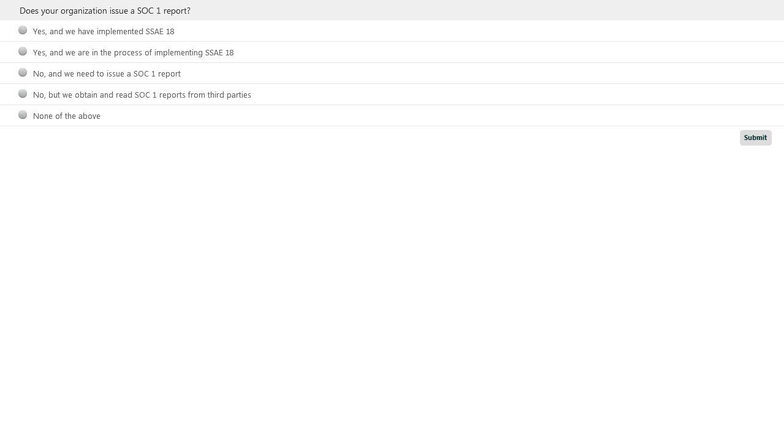Four, we don't issue a SOC 1 report, but we do get them from our service providers and read through them. Or five, none of the above, meaning that you really don't do much with SOC 1 reports. I'll give you a few seconds to answer this question, and then we'll go to the polls to see the results.